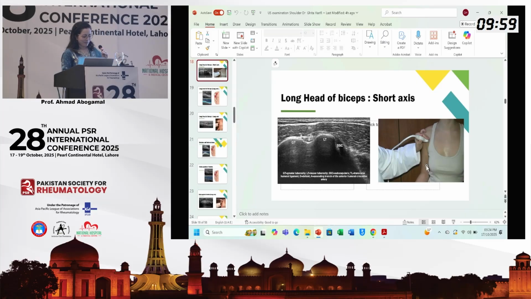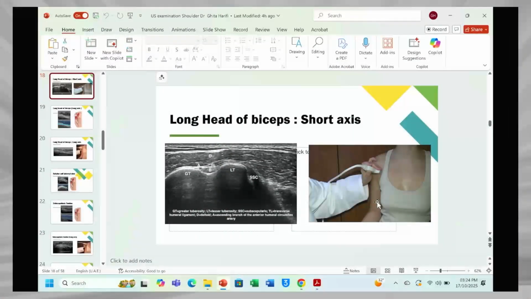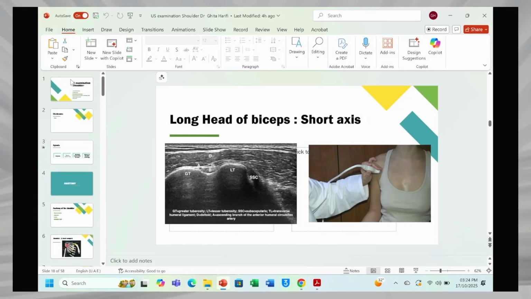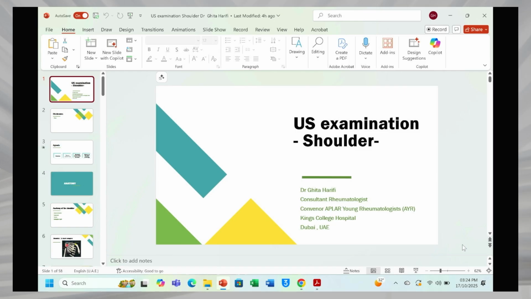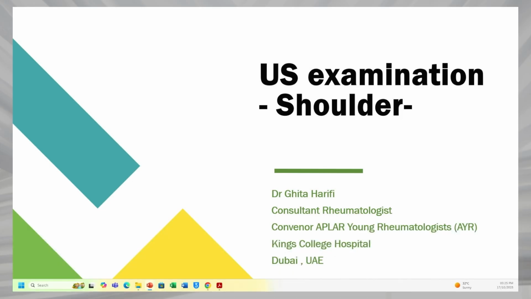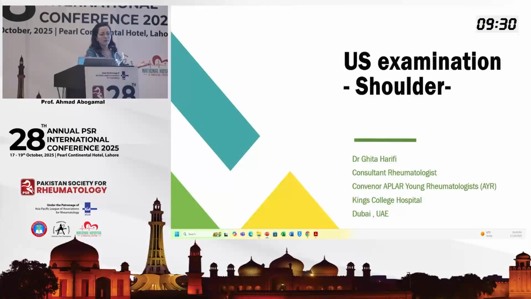So I have been given the task to talk about ultrasound of the shoulder, or to introduce you to the ultrasound of the shoulder. And I know that it's not an easy task, not because it's difficult, but because I think for all beginners in ultrasound, ultrasound examination of the shoulder is portrayed as one of the most difficult ones.